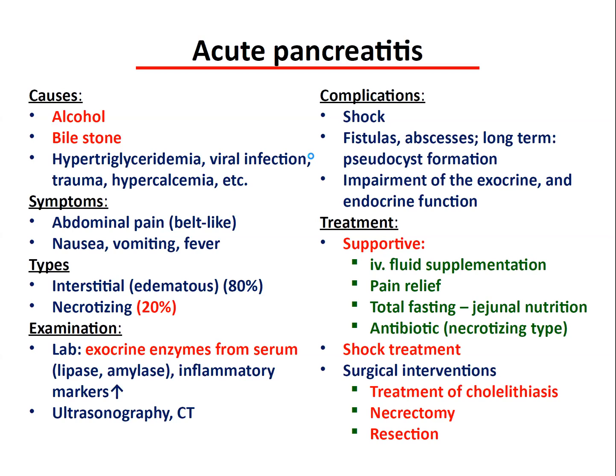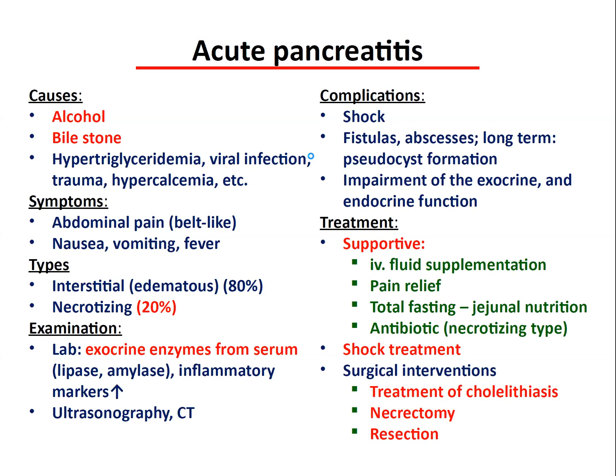Bile stone is a similar one, because when it obliterates the bile duct, some bile can regurgitate into the pancreas, and this disintegration can happen with the tissues and activation of the enzyme. So this is how acute pancreatitis can develop.